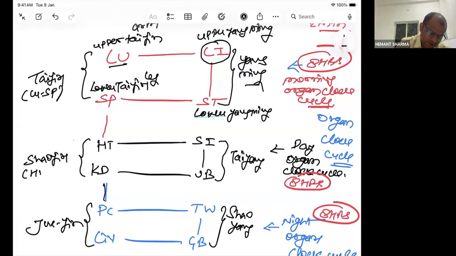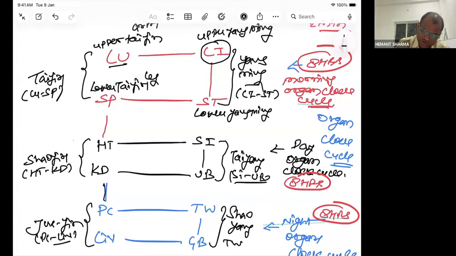Shao Yin means heart and kidney. Jue Yin means pericardium and liver. Yang Ming means LI and ST. Tai Yang means SI and UB. Shao Yang means TW and GB. Okay, just write it down, and write a little clearly so it can be understood easily.